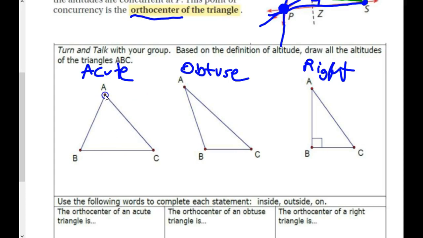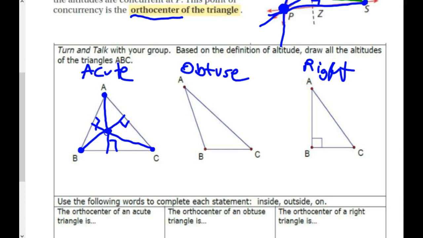Now we're going to do a rough sketch of these. But if I start at angle A and go straight down, something like that. If I go from angle B towards AC to make a right angle, it'll look something like that. And then from angle C towards AB would go through that intersection point and make a right angle.